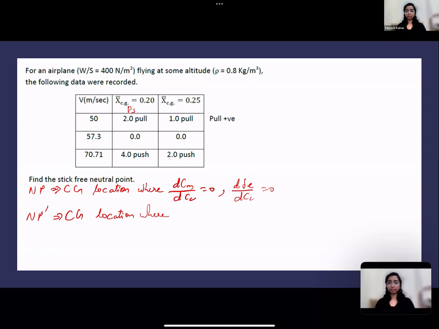For stick fixed, it was d delta E upon dCl. For stick free, it is dFs by Q by dCl.